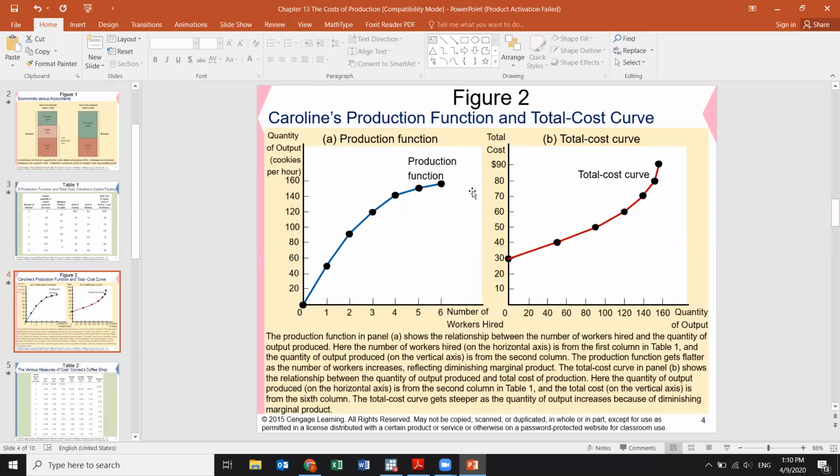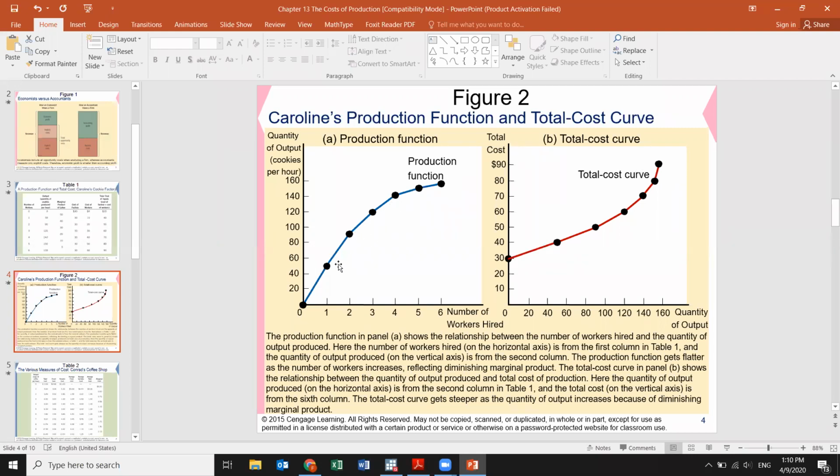So coming to the diagram, the relationship between the production function and the total cost curve, we have to see that as total production is growing, the total cost curve is growing as well. However, they are growing in a different way.